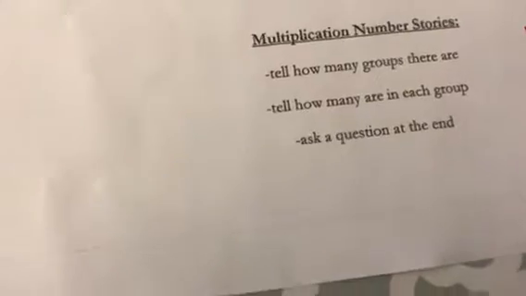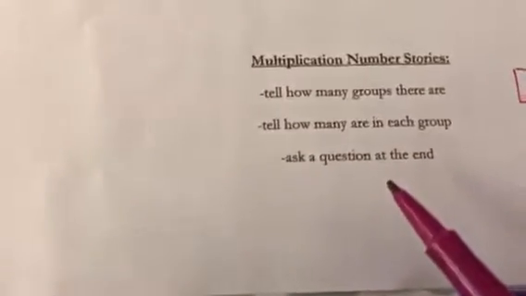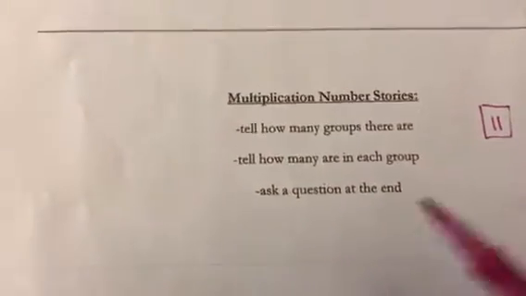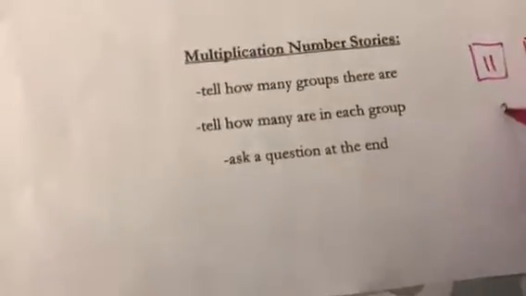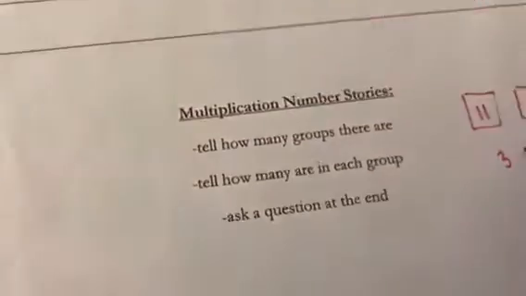So let's just say there were 2 in each group. Then we would ask a question at the end. How many were there in all? So what we would do, we would say 3 groups times 2 in each group equals a total of 6.